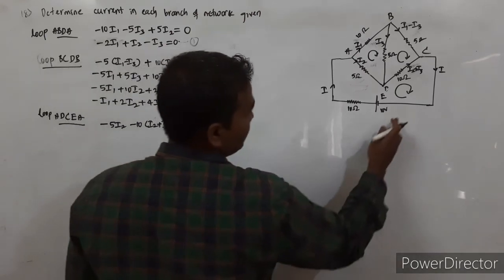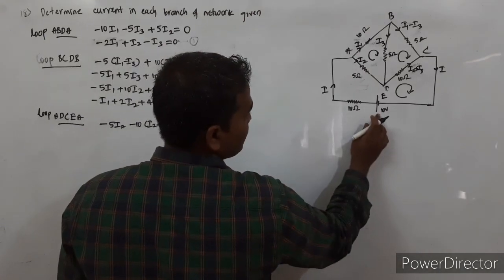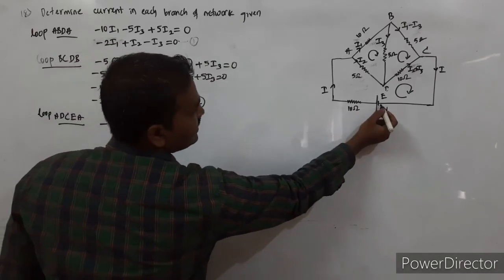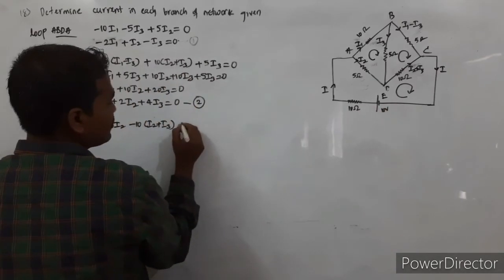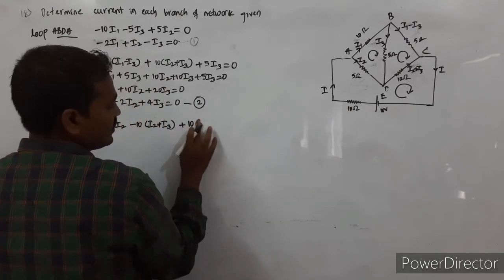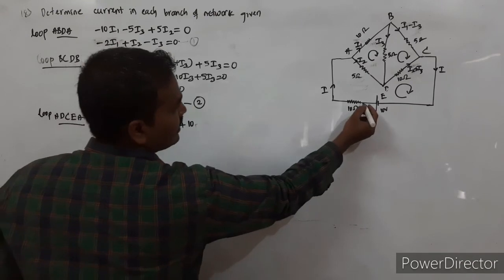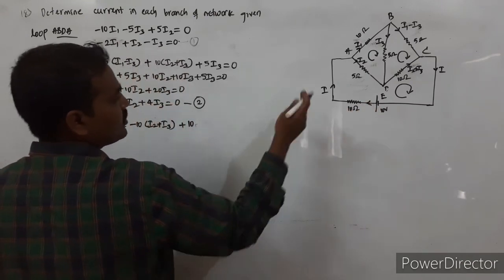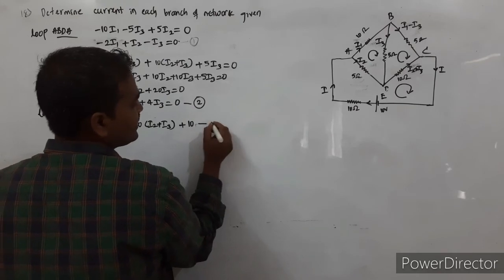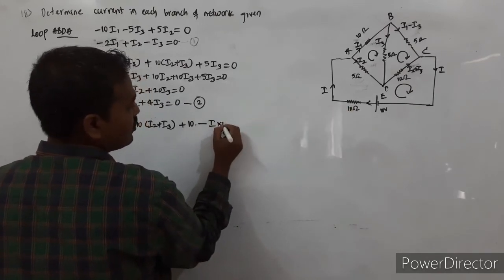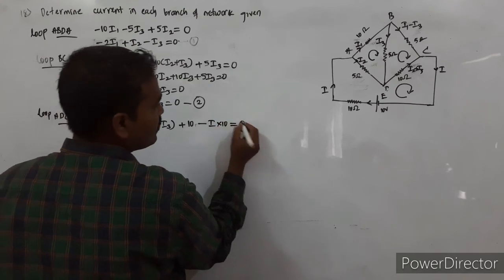Then when you are moving across this cell, the direction is from lower potential to higher potential, so that EMF I take as plus here, I write it as a plus 10 volt. Then there is current of capital I flowing through this resistor, that is also in the same direction, but that is minus here, minus of I into 10, that is equal to 0.